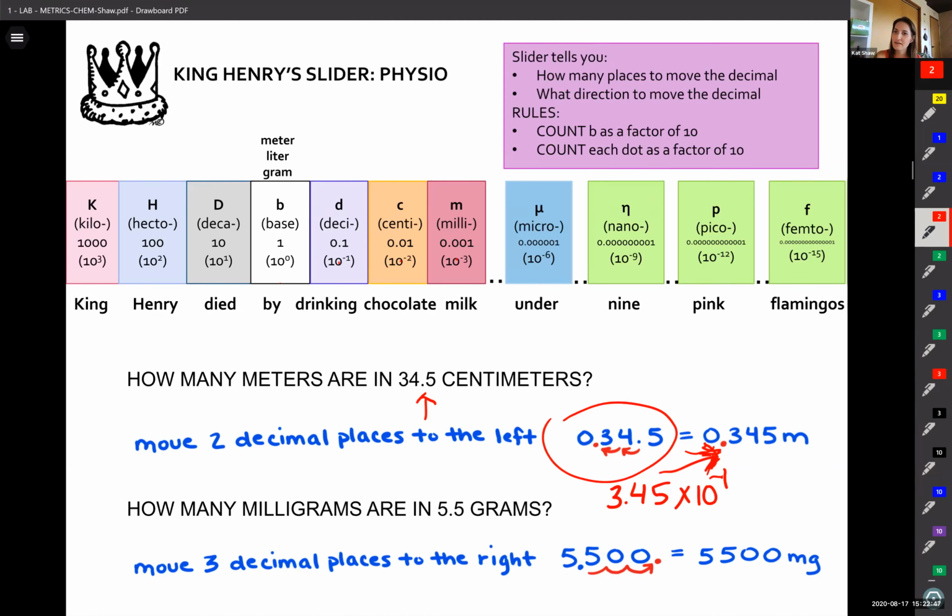Let's try converting this one here, the milligrams, 5,500 milligrams. 5.5, that makes sense, right? It needs to be a number that is greater than 1, less than 10.